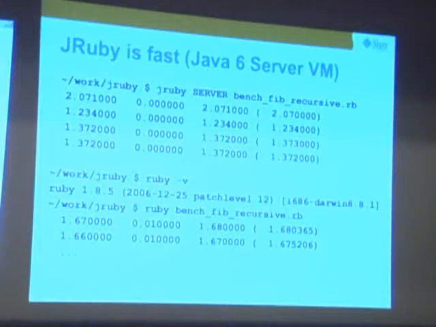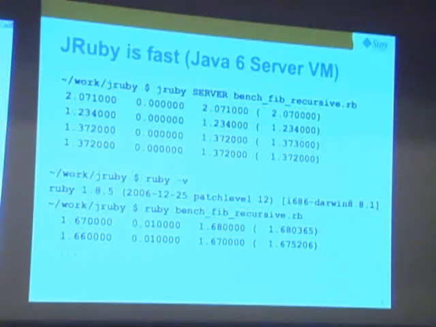So on performance, here is a little Fibonacci benchmark. On top is JRuby. On the bottom is Ruby 1.8.5. You can see JRuby starts out a little bit slower because the JVM takes time to optimize it.